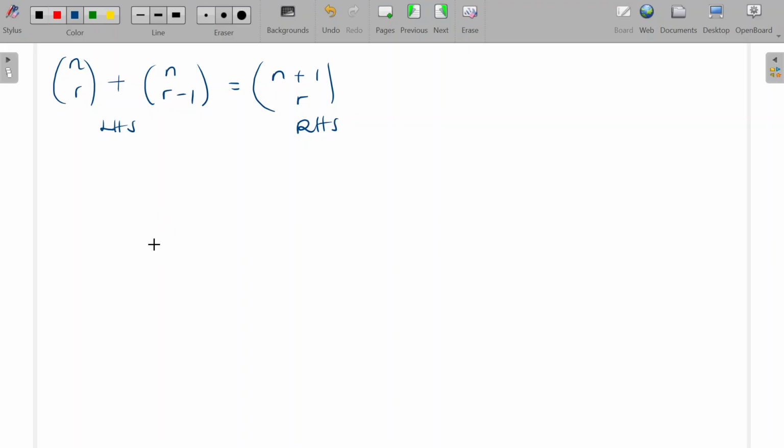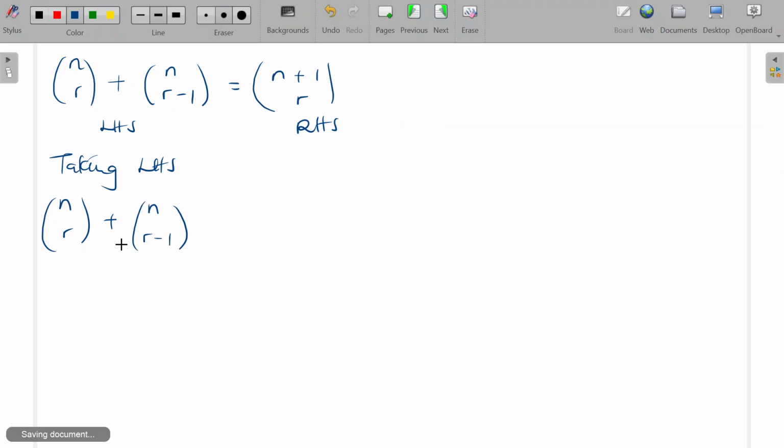So taking the left hand side, I have n combination r plus n combination r minus 1. That's what I've gotten. I must find my way to getting the right hand side.